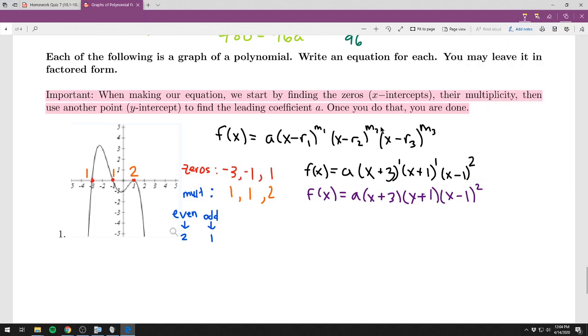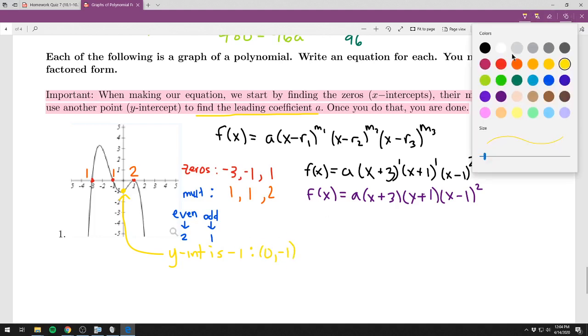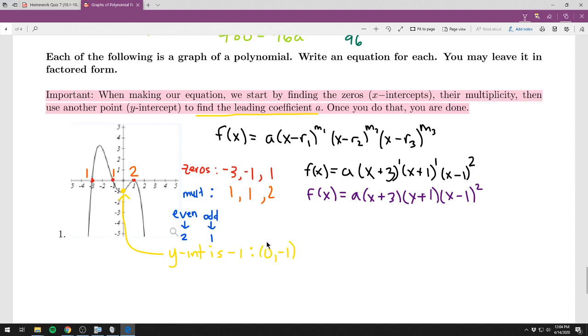Right, so the last thing is to get the leading coefficient. After you've figured out everything else, we get the leading coefficient, and the y-intercept will tell you how to do that. So the y-intercept here is -1. Right, in that coordinate pair, x is 0, y is -1. We want to plug this in for x and y to solve for a.